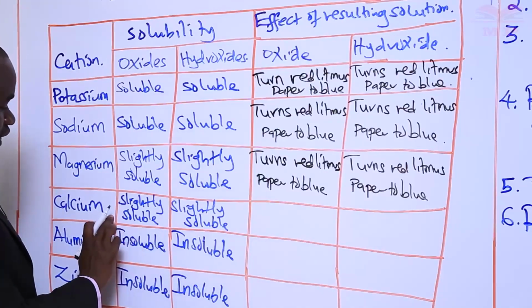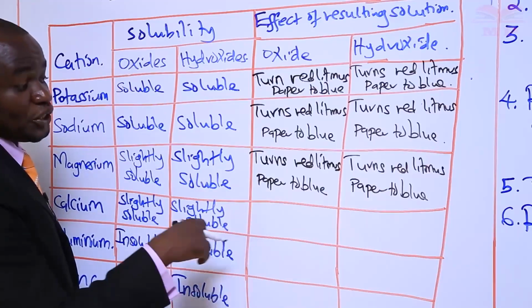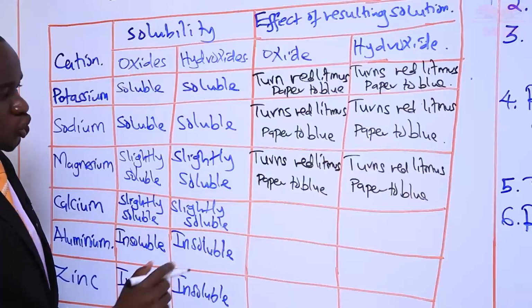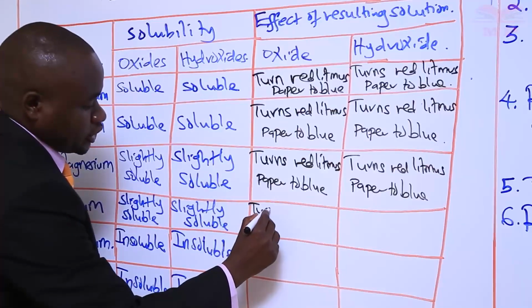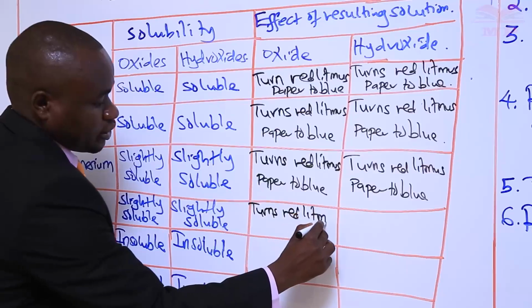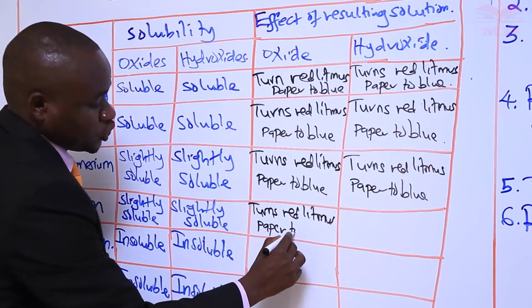The same applies to calcium. It will also form a basic solution, and that solution we expect it to turn red litmus paper to blue. So same observations, it will turn red litmus paper to blue.